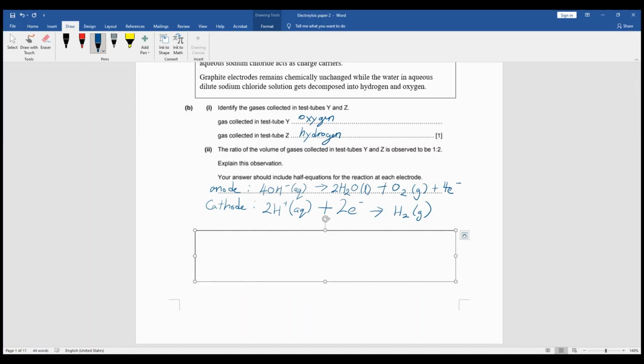Okay, the number of moles of electron loss at the anode is the same as the number of moles of electron gain at the cathode.